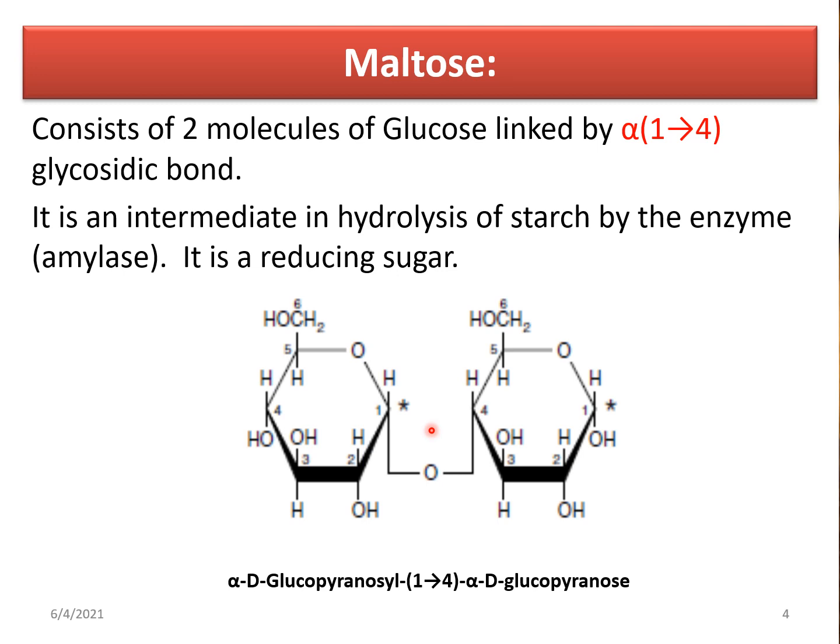In other words, it lies below the ring. Maltose is an intermediate in starch hydrolysis by the action of the enzyme amylase. Maltose is a reducing sugar. It gives a positive result with the Benedict reagent. Why? Because the second glucose molecule has a free carbonyl group, and for this reason maltose is a reducing sugar.